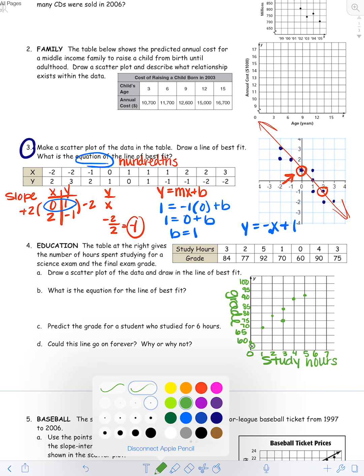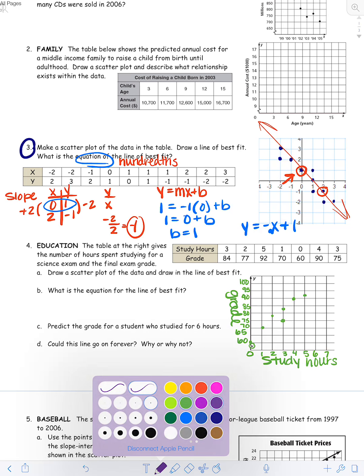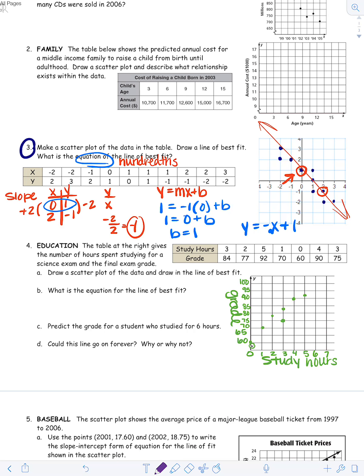Okay, so again, we need to draw the line of best fit now. Again, I don't want to force anything, and I want to get in the middle of the data. So you should be using a ruler, but that would be my line.